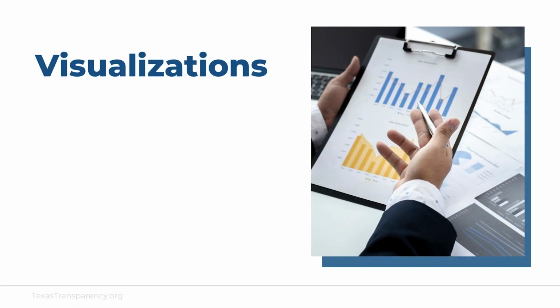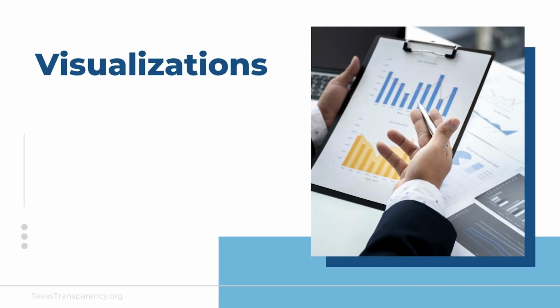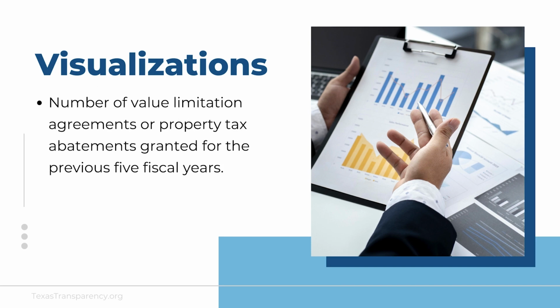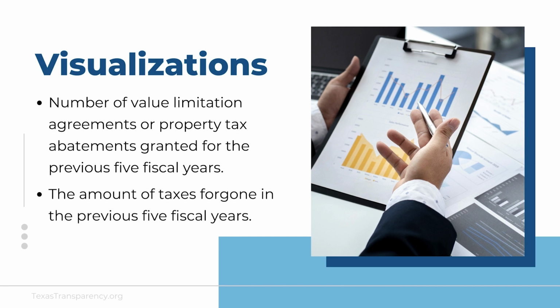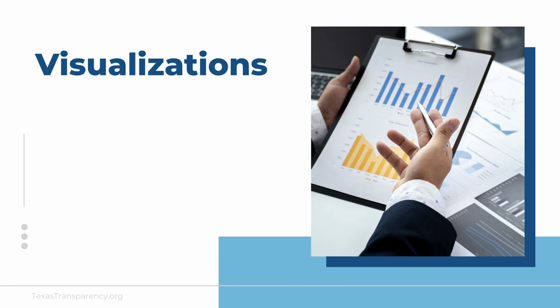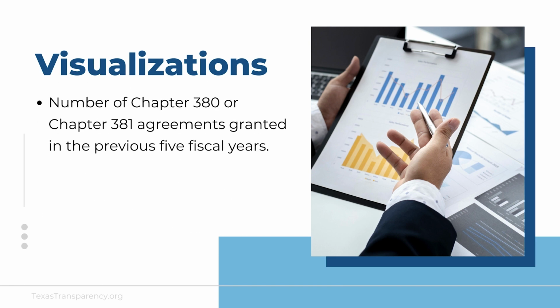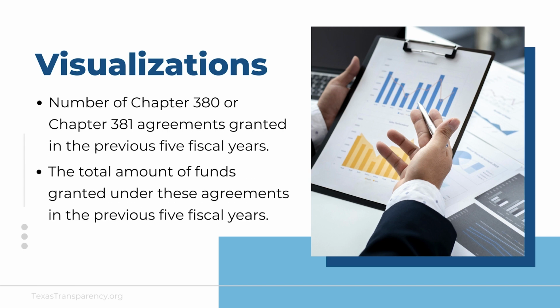You must post data visualizations showing 5-year time trends of the following as applicable: the number of tax abatements or value limitations agreements granted, the amount of taxes abated, the number of Chapter 380 or Chapter 381 agreements granted in the previous 5 fiscal years, and total amount of funds granted under these agreements in the previous 5 fiscal years.